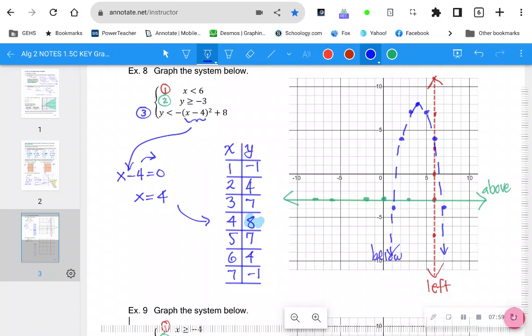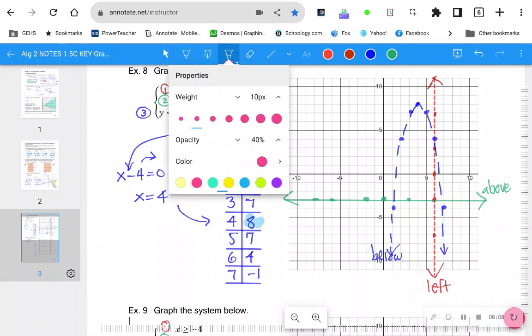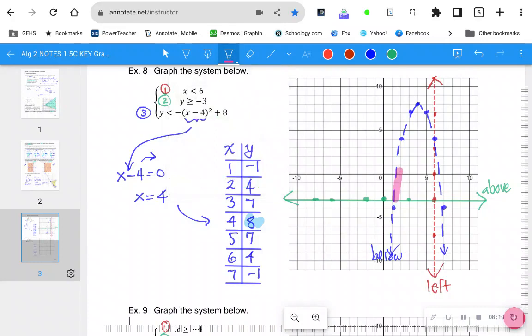Okay, so if you're above the green line to the left of the red one and below the parabola, then you're in this little area here that I'll indicate. And you just kind of outline it like this. Stay on the left of that red line there, don't go past it. And come across like this, and then shade the rest in.